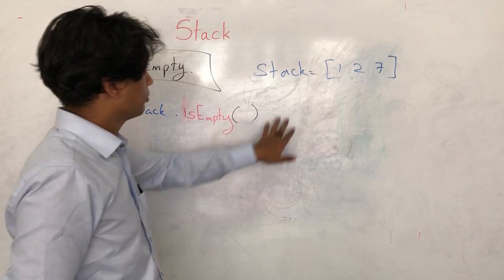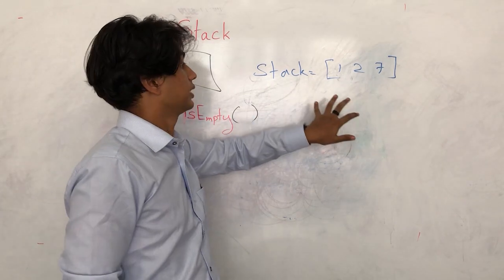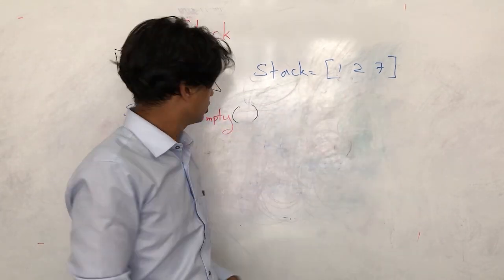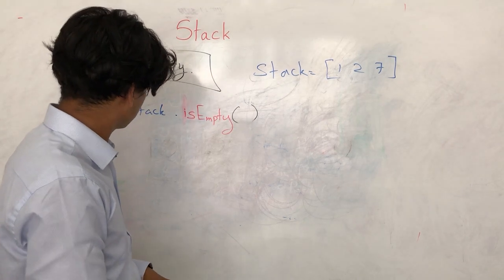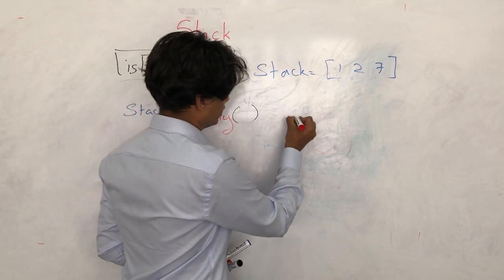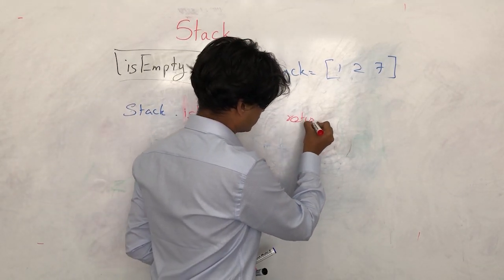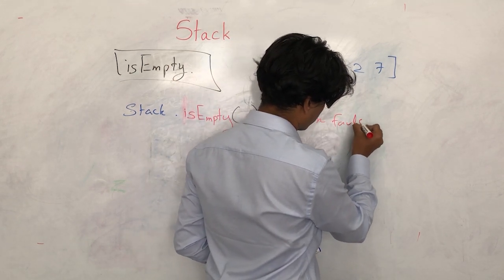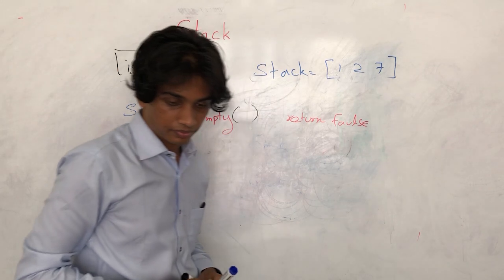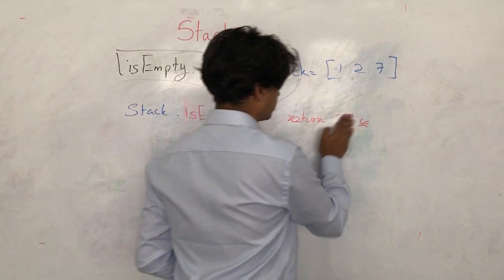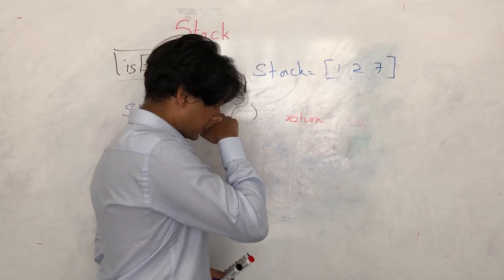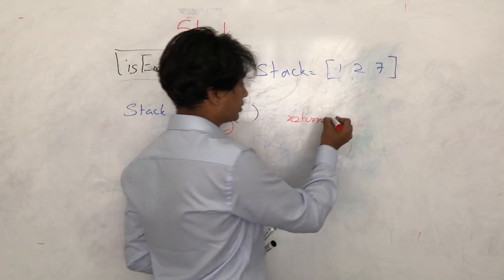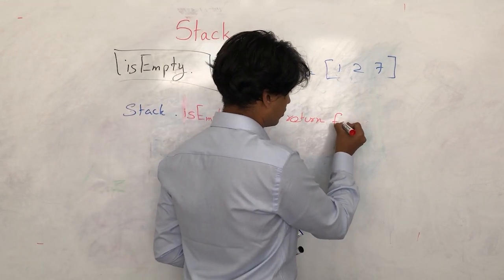You guys can see my stack isn't empty, it has 3 elements in it. So I will be returning a boolean value, which will be false.